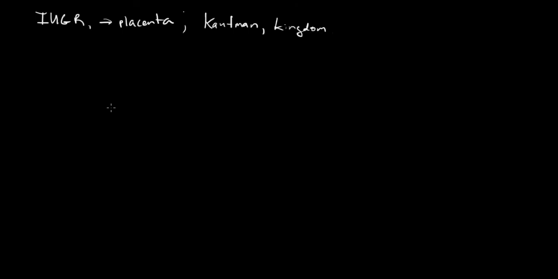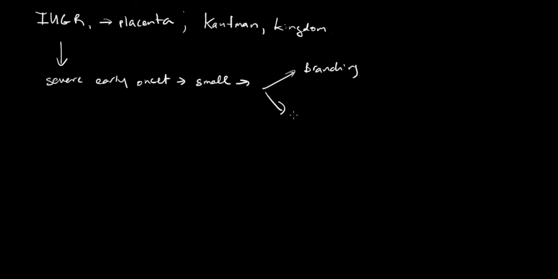My understanding of a critical point that they made is they were looking at placentas in IUGR babies, especially severe early onset, and they noticed that these placentas tend to be small. Ultimately they came up with this idea of branching versus non-branching angiogenesis. And I don't want to do too much injustice to their idea.